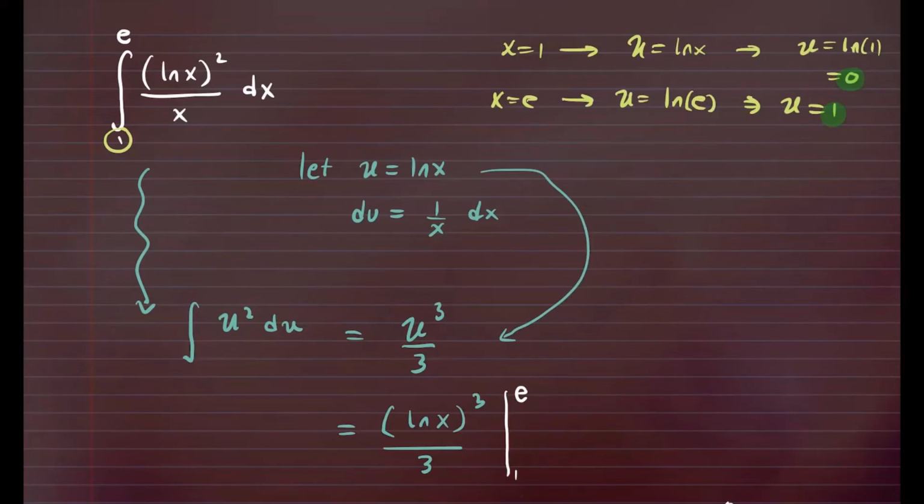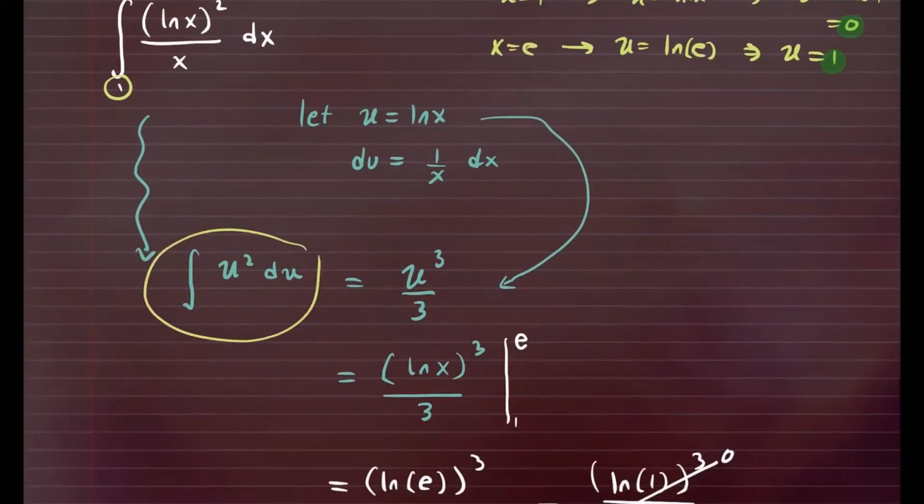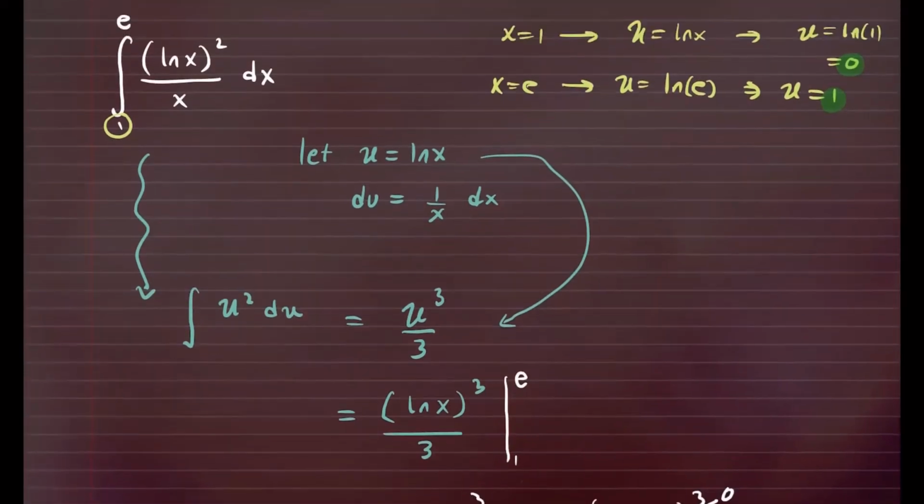So once you get to this step right here, you can start putting in your limits of integration since we already switched them. So you can do the integral from the lower limit 0 to the upper limit 1 of u squared du. And then you just integrate this just like we did right here. This is u to the third power over 3, and we take it from 0 to 1.